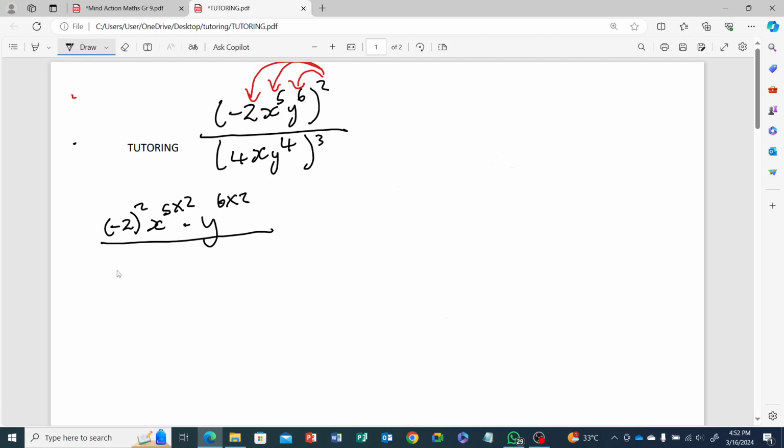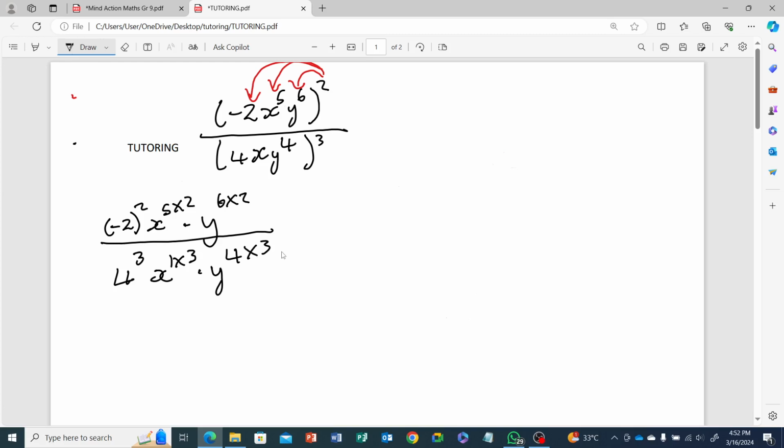Now, everything is over 4 exponent 3, so that distributive law also applies in your denominator. X has an exponent of 1 times 3, multiplied by y exponent of 4 times 3.